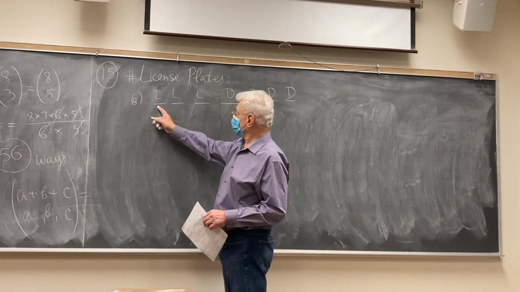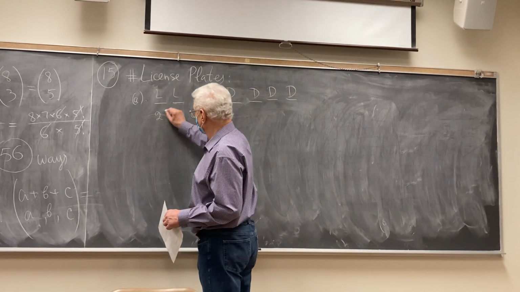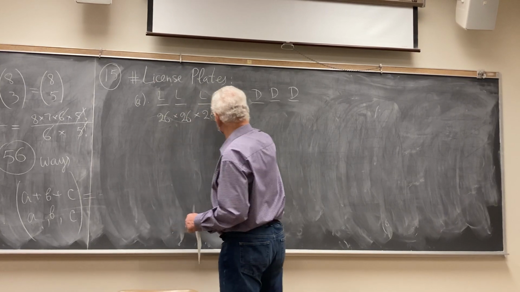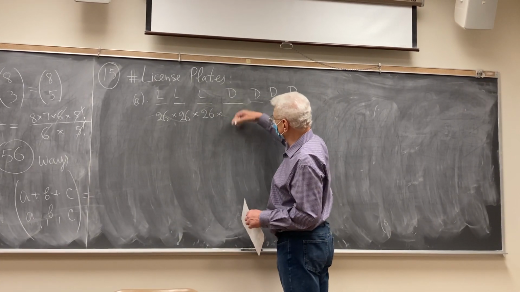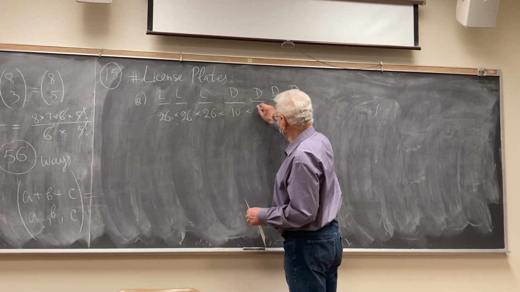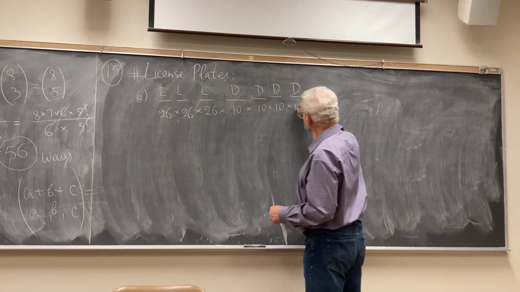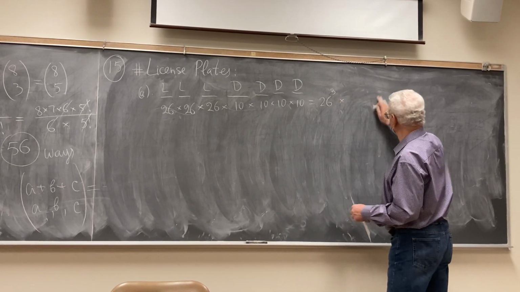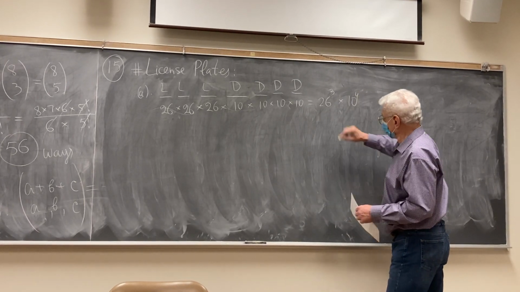How many letters do we have? 26. This also 26. Multiply. How many digits do you have? From 0 to 9, 10. So it will be 26 to the power 3 times 10 to the power 4. And then you calculate.